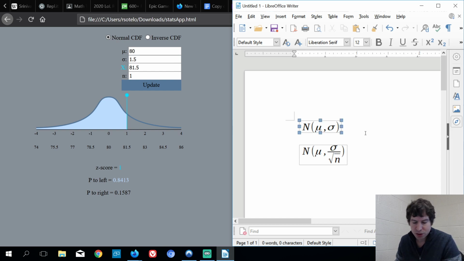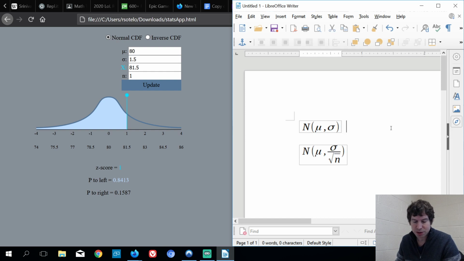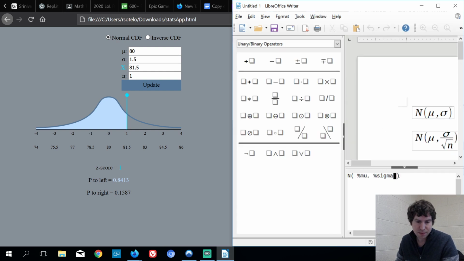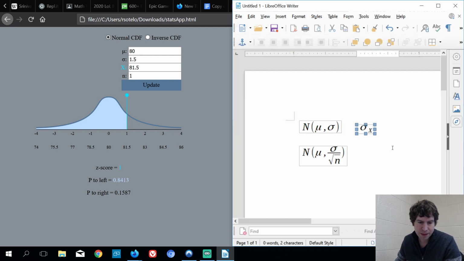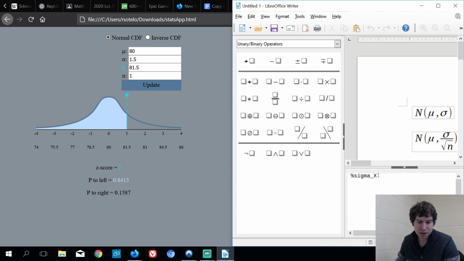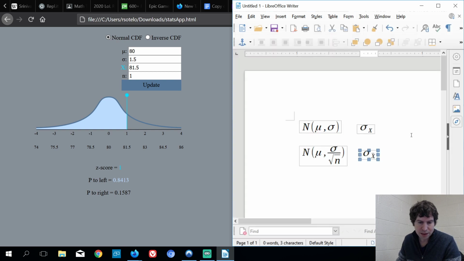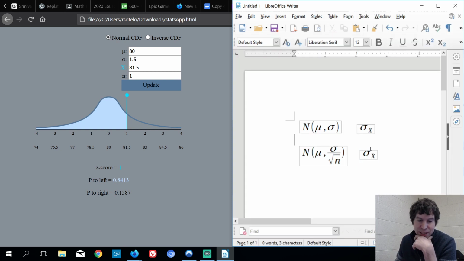Now, just quickly, I will mention that sometimes they'll use this symbol for the standard deviation. Sometimes they'll use this symbol, the same thing. For the sample distribution, sometimes they will use this symbol. So it's the standard deviation of the sample mean.